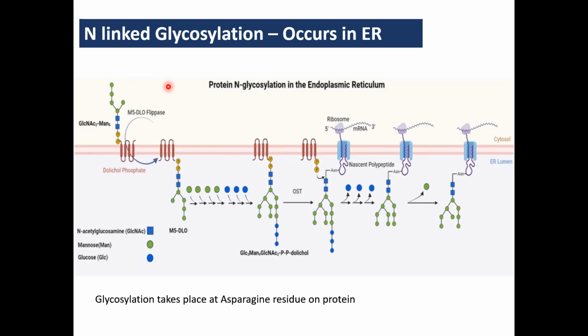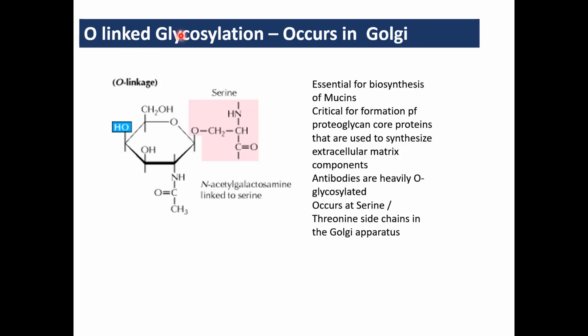The protein goes inside the endoplasmic reticulum, and after that there are various additions of carbohydrate molecules on the protein, and it happens on the asparagine residue on the protein inside the endoplasmic reticulum. Therefore, as it happens on the asparagine residue, it is called N-linked glycosylation. And we have the O-linked glycosylation.